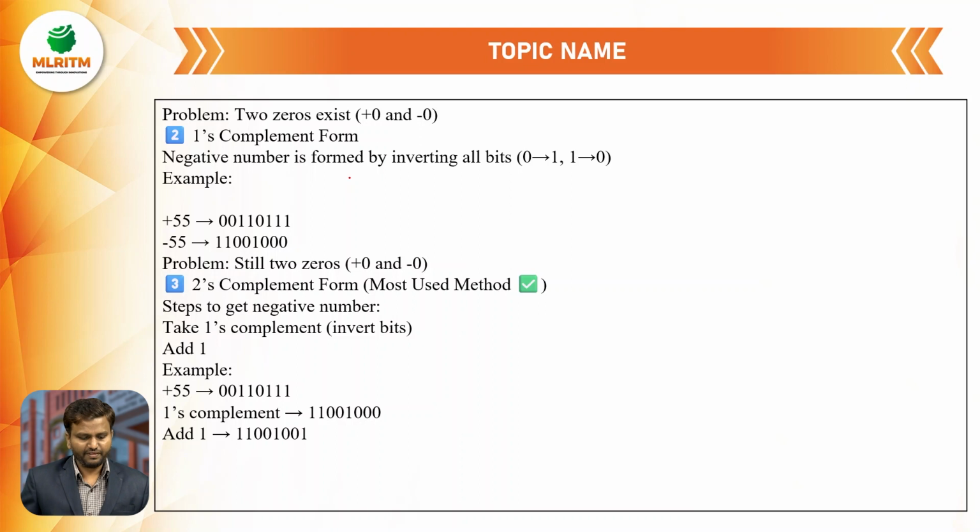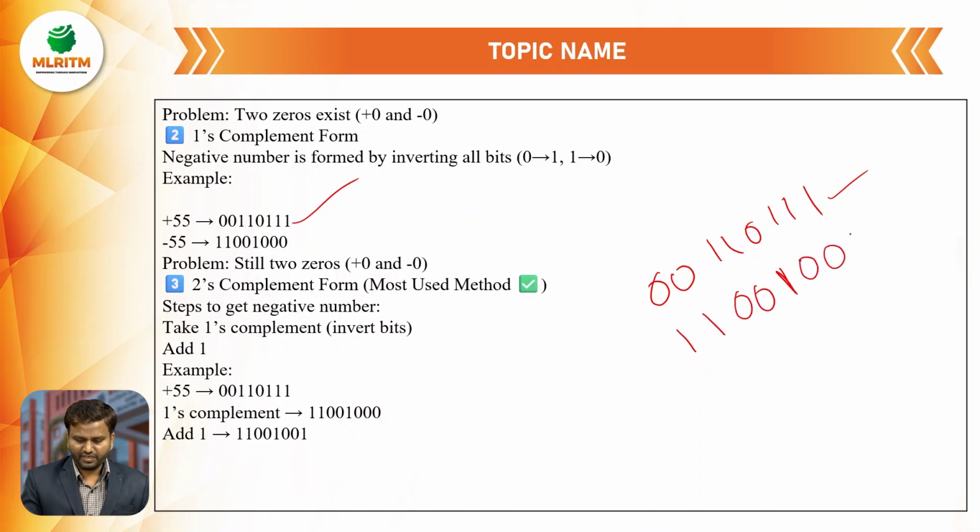For example, 55 in binary is 00110111. After the one's complement, the two zeros become 1, the double 1 becomes 0, the 0 becomes 1, and the triple 1 becomes triple zeros. This is called the one's complement.